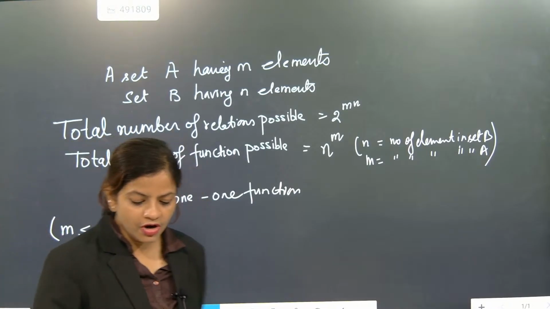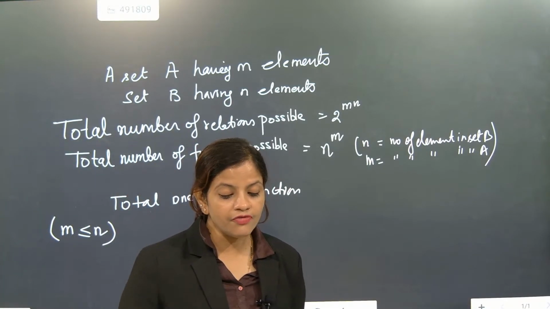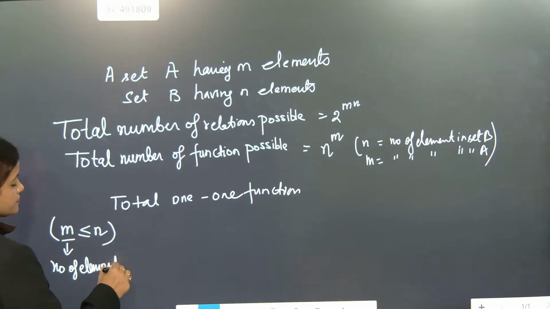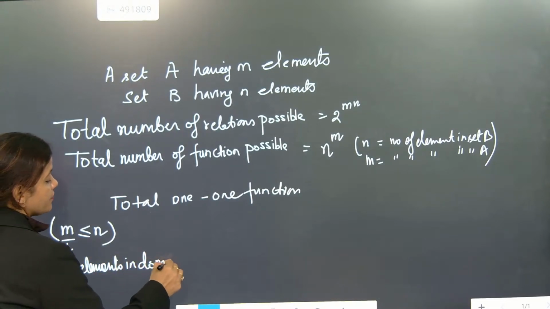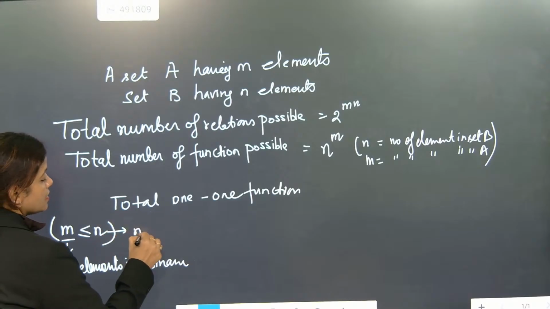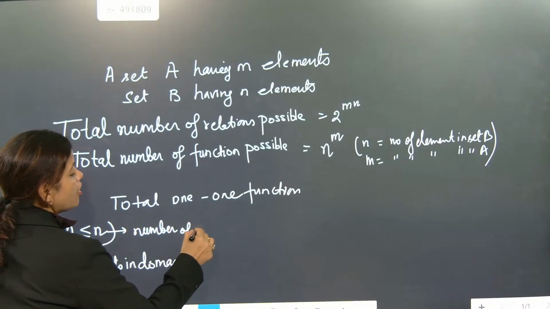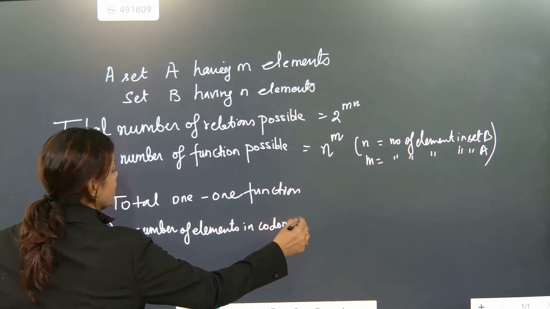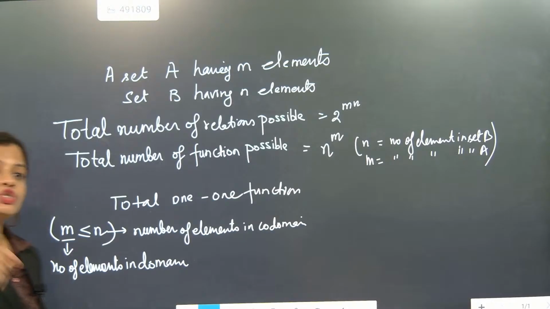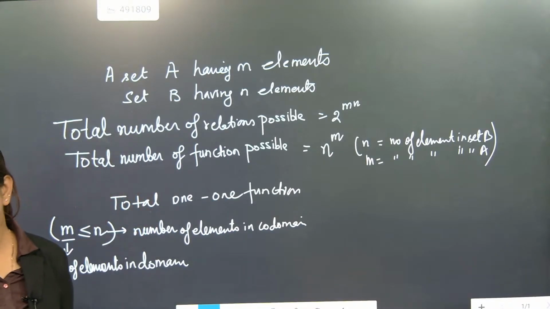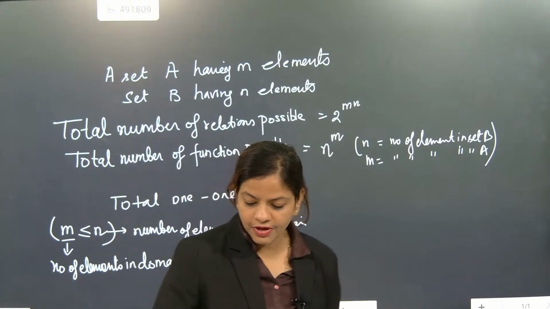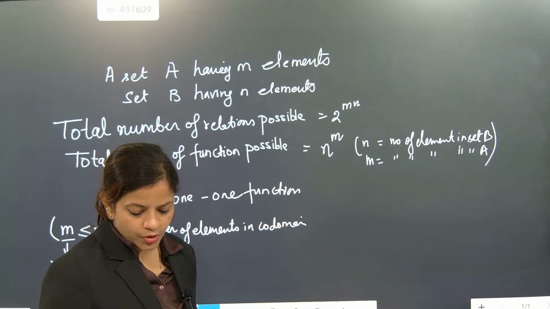M is the number of elements in A, the domain, and n is the number of elements in the codomain. So the number of elements in the domain should be either equal or less, but not more.